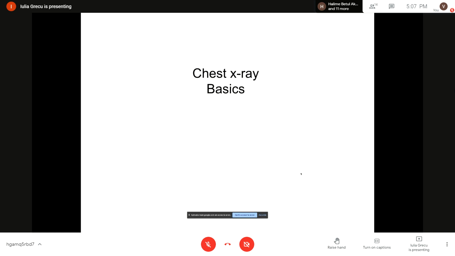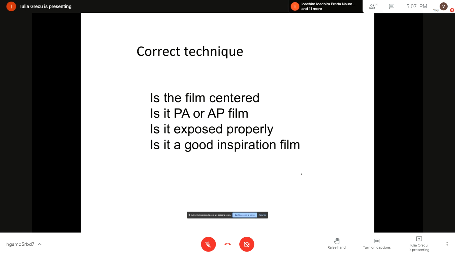Yes. Let's go. So there are two main things that I want to discuss today regarding the normal chest X-ray. The first is to determine whether the chest X-ray is correctly done, so we can go further and analyze it, because it has all the right parameters to give us the proper information we want.